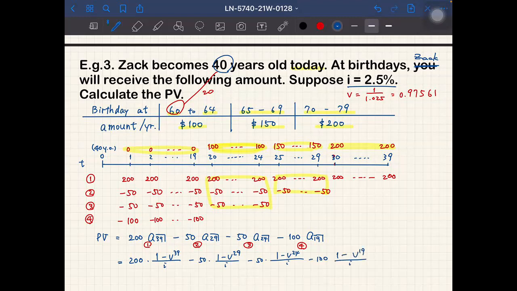So you can plug in i equal to 0.025 and v equal to 0.97561. Then you can get the answer.